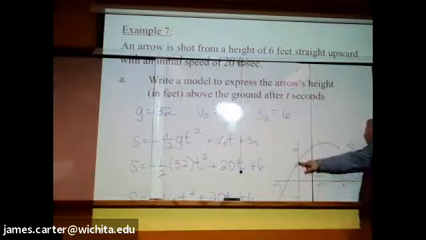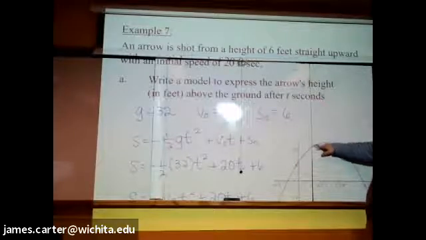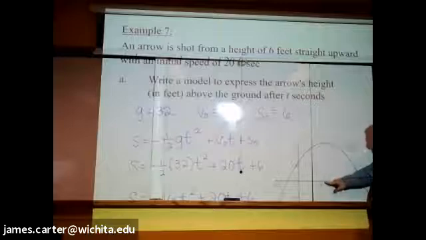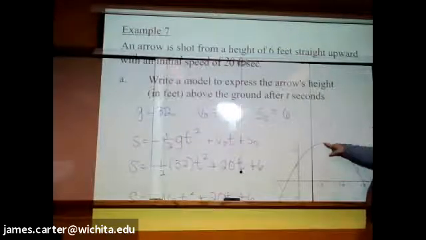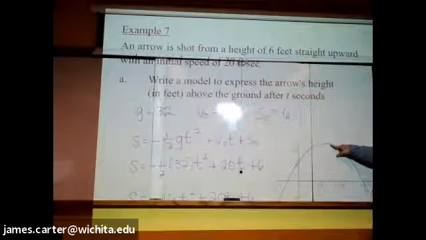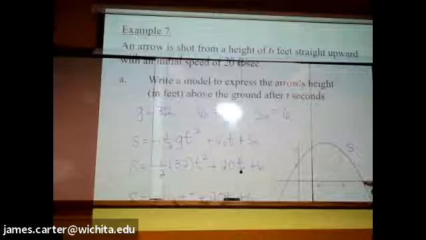You're standing right here and you launch the arrow like this. At some amount of time, which in this case is about 0.6 seconds, it's going to meet its greatest height. Then after that, it's going to start falling. And it'll be here at 1 second and on down and end up here.